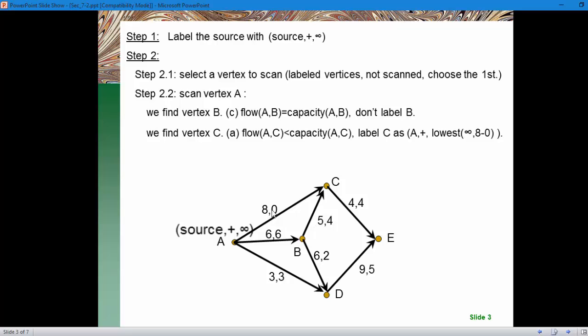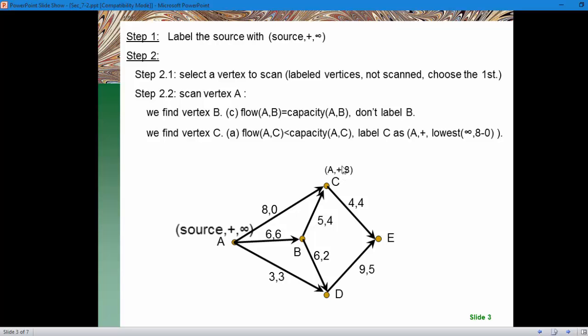There's room for 8 units of flow. So we're going to label C with the label A, meaning that the predecessor is A, we're coming from A, plus, meaning that we are able to increase, to add, and 8 is the maximum flow we can increase along this arc from A to C.